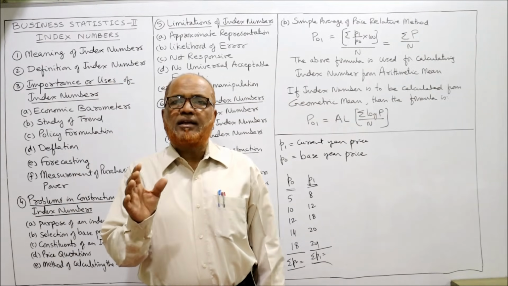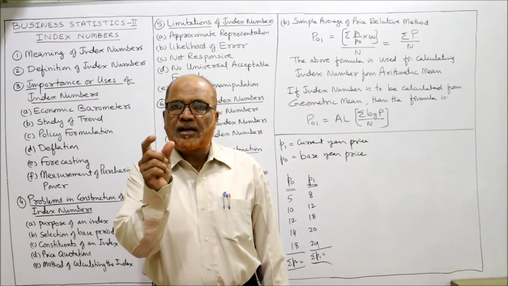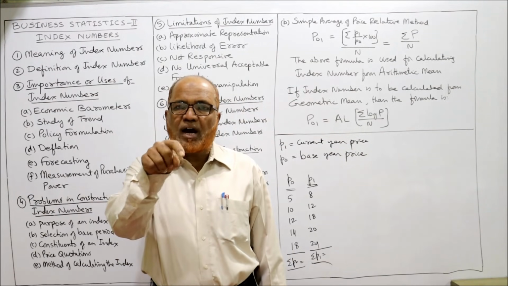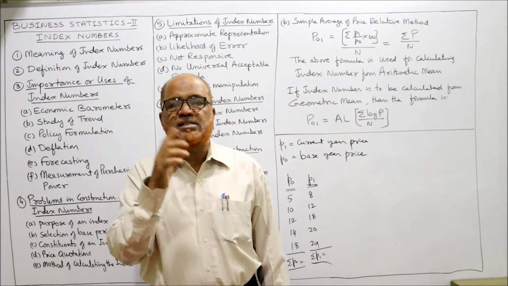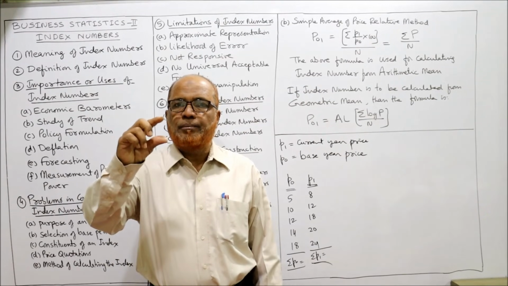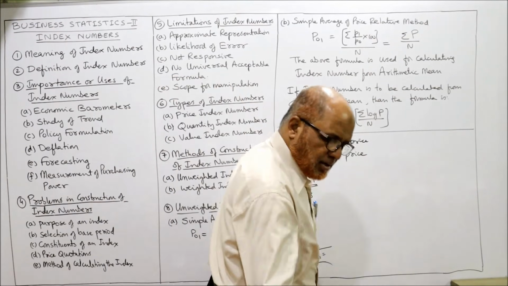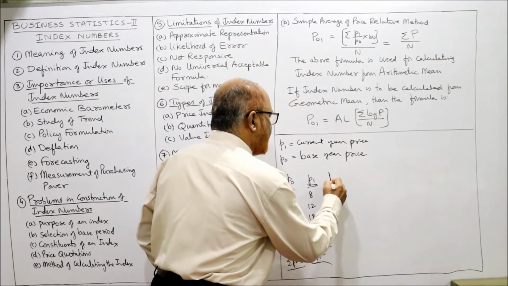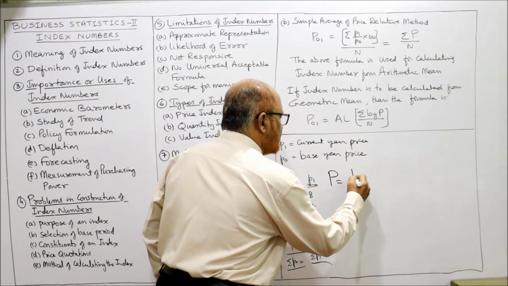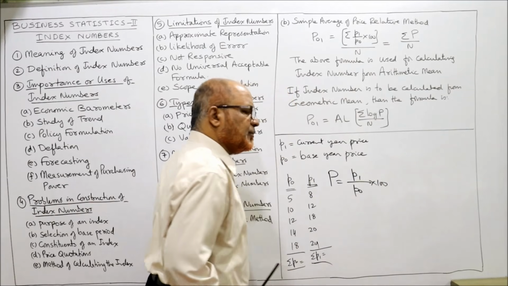So before calculating the price index, we have to calculate price relative. Price relative means percentage of current year price over base year price for every item. For every item, we have to calculate the price relative. So we can say like this, capital P is equal to small p1 divided by P0 into 100 for every item.